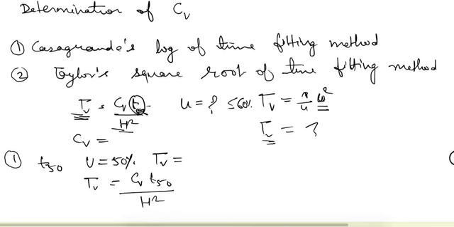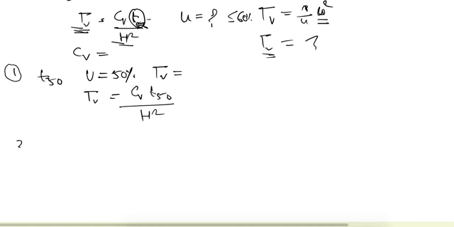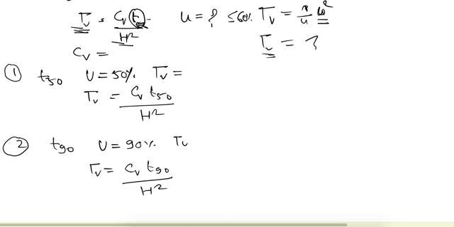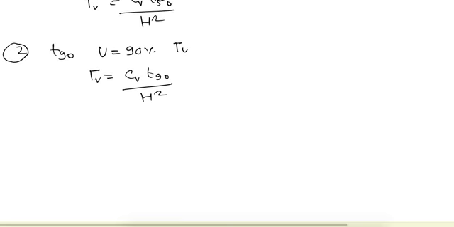This is Casagrande's method, and in the second method we'll find out T90, that is corresponding to 90% consolidation. For that we will calculate TV, and again the same formula, TV is equal to CV T90 by H square. So how do we find out this T90 and degree of consolidation?